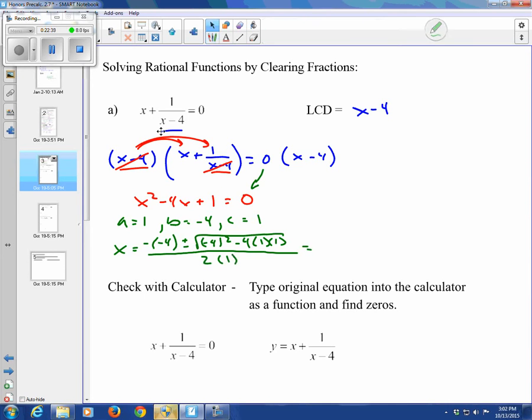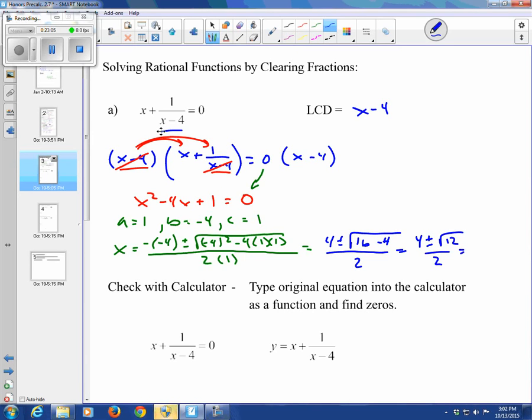So right here we can simplify and solve them out. So we get 4 plus or minus the square root of 16 minus 4, over 2, which is going to give us 4 plus or minus the square root of 12 over 2.